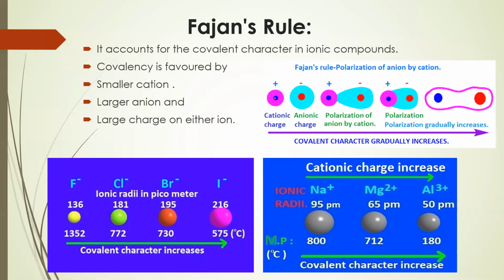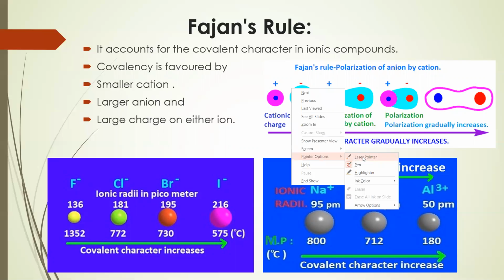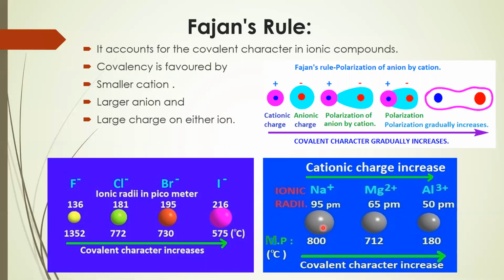If the charge increases, right? Can you see this? When we are talking about the charge, that is +1 charge, +2 and +3. So these are the cases of cations. Na is the sodium ion of a group 1 element, this is a group 2 element and this is a group 3 element.